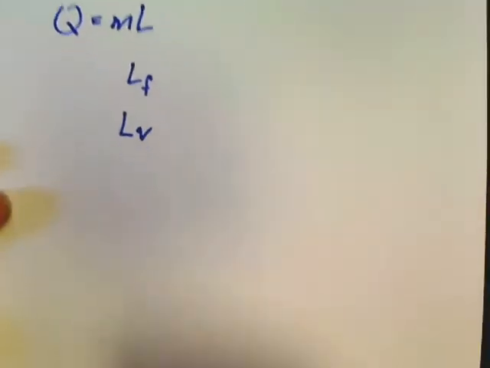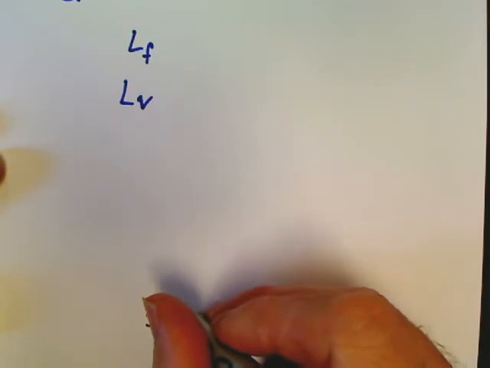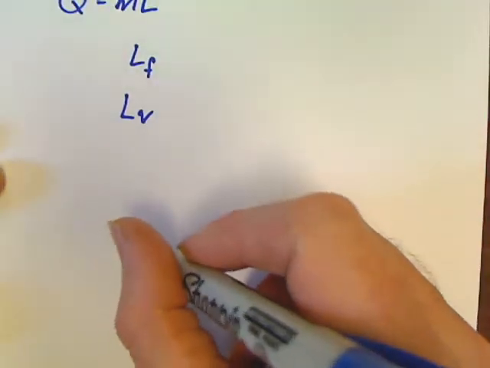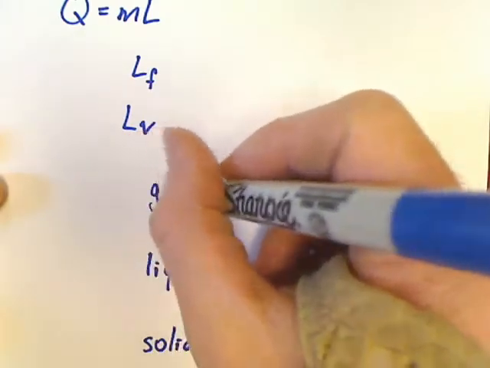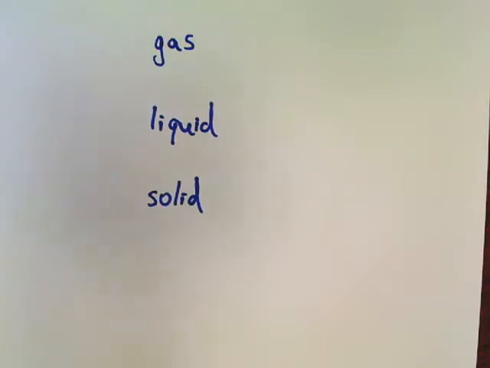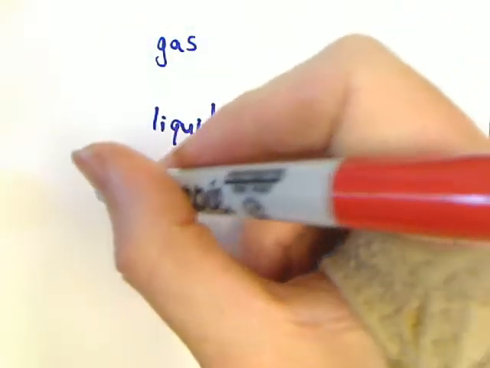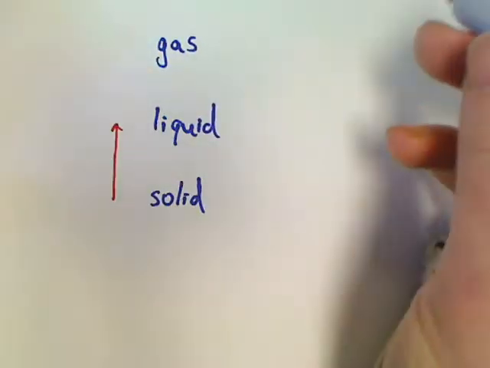I don't remember if this is in the last video or not, but I'm going to break this down a little. I'm going to write solid, liquid, and gas. And I would suggest you keep this little chart handy as you do these problems. Because what you've got to keep in mind is this. Everybody just gets confused over the LF and the LV thing.